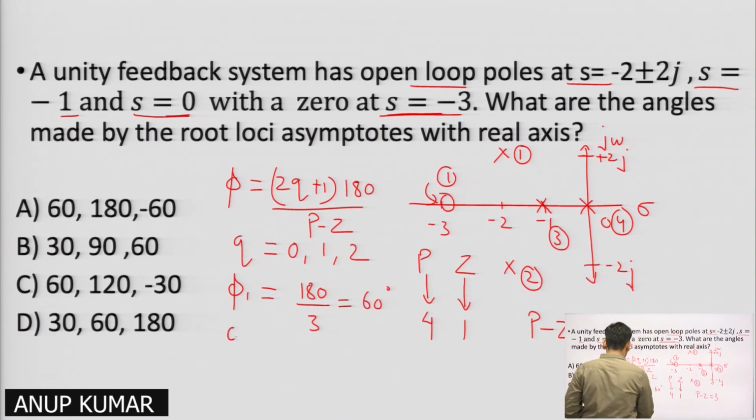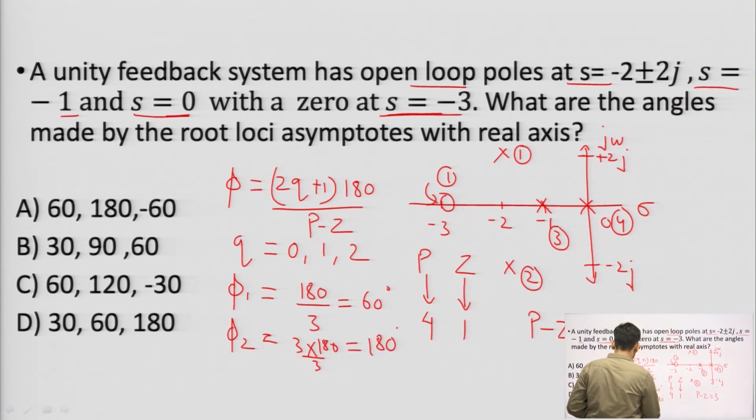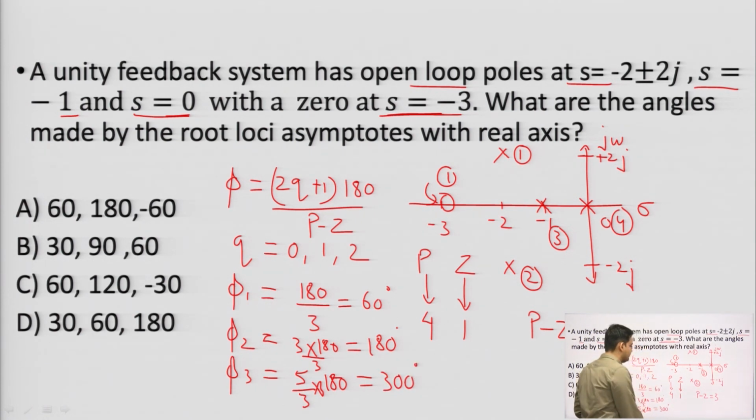Now, phi 2 for q value equal to 1, this becomes 3 multiplied by 180 divided by 3, this will give you 180. In the same way, when you calculate phi 3 for value of q equal to 2, this will become 5 by 3 times 180, and if you solve it you will get around 300 degree. Okay. So, these 3 angles are coming from this given example.